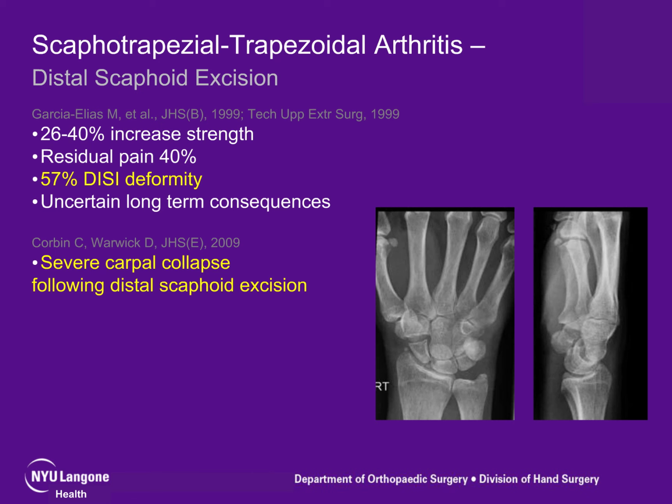First, again, at the radial styloid, then the radioscaphoid joint, and through that progression that I've already discussed. So the concern here, of course, is if we're relieving the pain of STT arthritis with the distal scaphoid excision, we are risking long-term degeneration of the remainder of the joint. So again, something to be careful of.